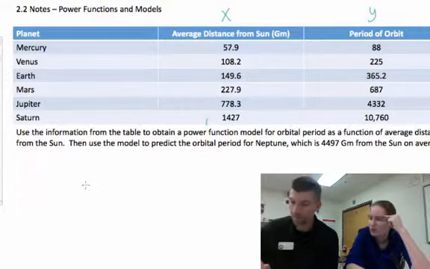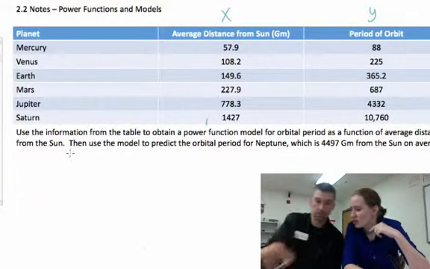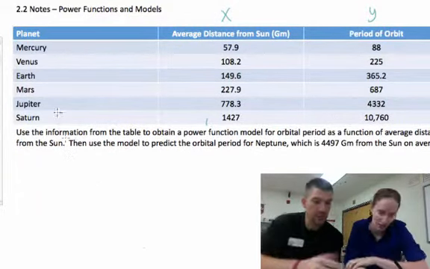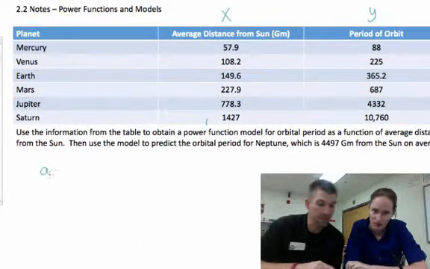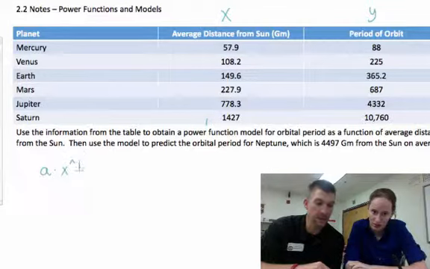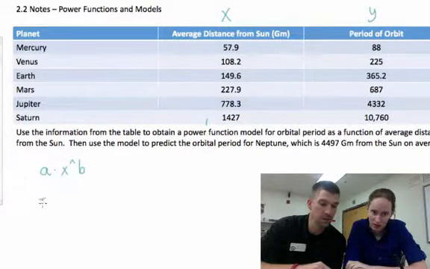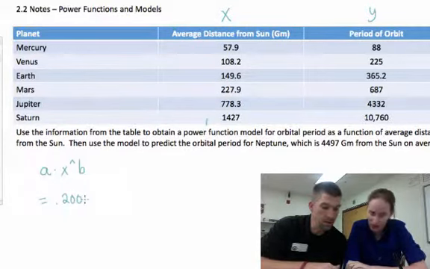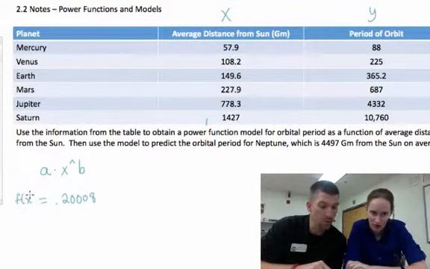It should pull up and give you all the columns, and then it says it's A times X to the B. A in this case is 0.20008, three zeros. B is 1.49962.